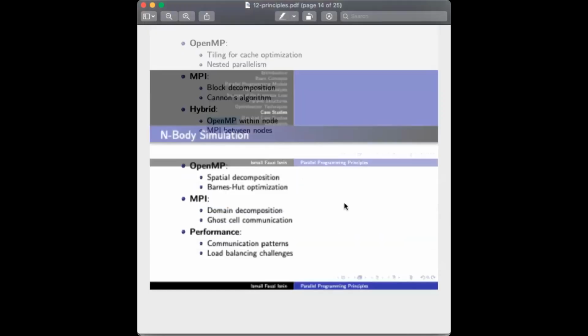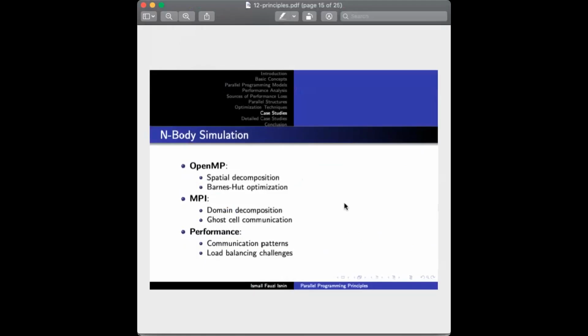Okay, that was the first case study, regarding matrix multiplication. Okay, our second case study here is, for example, N-body simulation, which tracks the physical motion of a system of particles interacting under mutual forces.